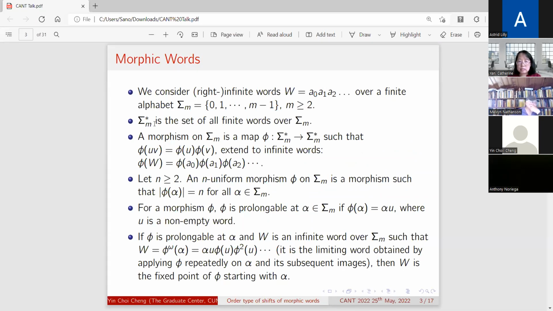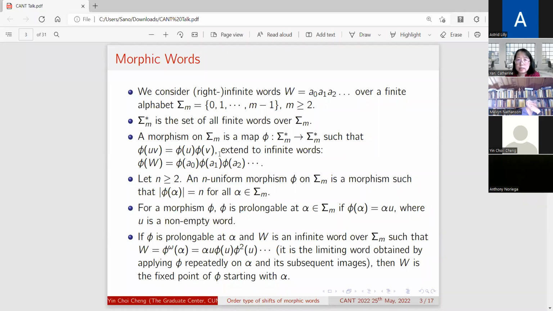We let sigma sub m star be the set of all finite words over sigma m. We define a morphism on sigma m to be a map from sigma m star to sigma m star, such that phi of uv equals phi of u phi of v. The operation between is concatenation.